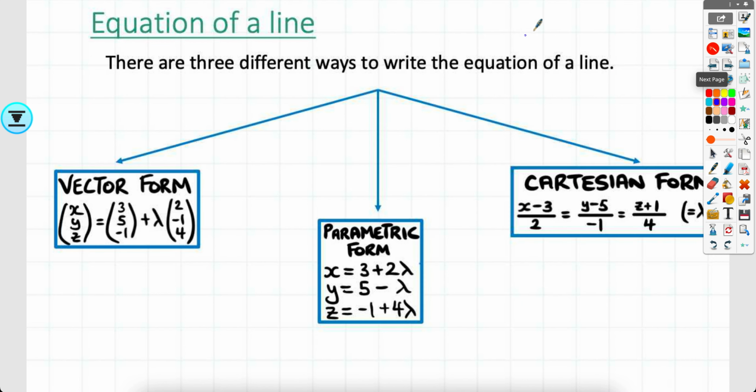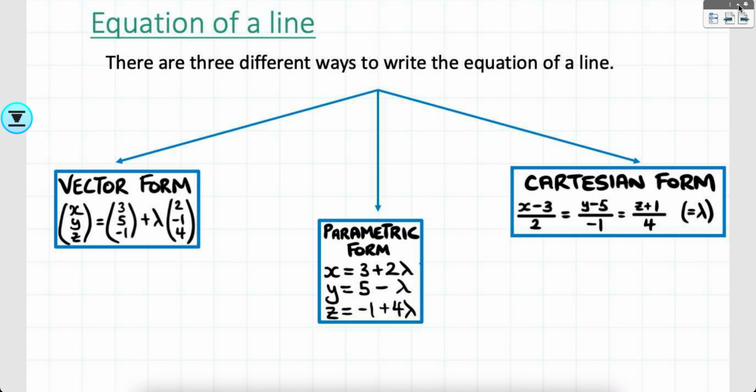So once you've established the equation of a line using vector form, so this would be a vector form. This is an example. You have this point that exists on the line, so this is like our point A, and this is the vector that it's parallel to, and we're taking a scalar multiple of that. So this represents a point on the line.